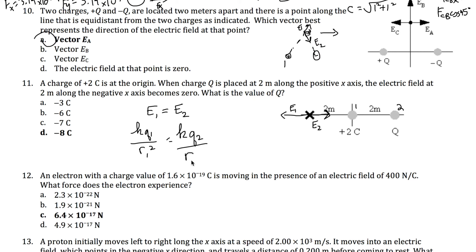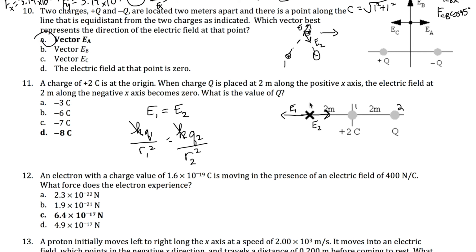Again, I'm just looking at the magnitude of the field, not the direction, because we know the directions are opposite, which is why they cancel. So if we set these two equal to each other, then Coulomb's constant cancels out. And we just need to define our R values.